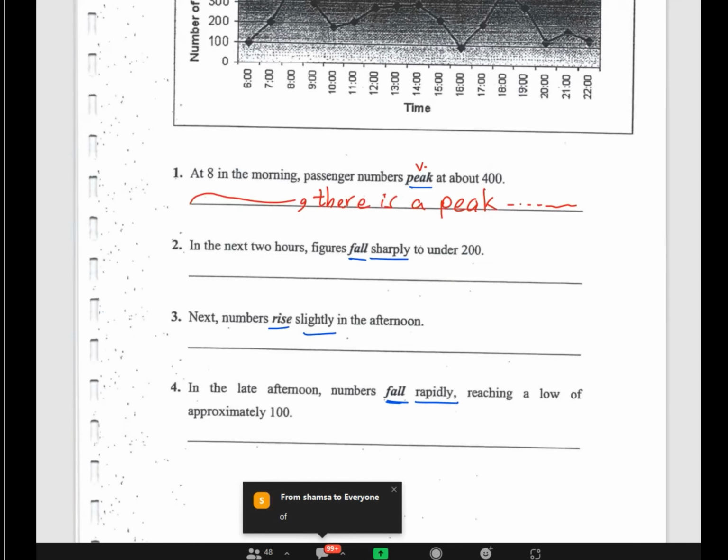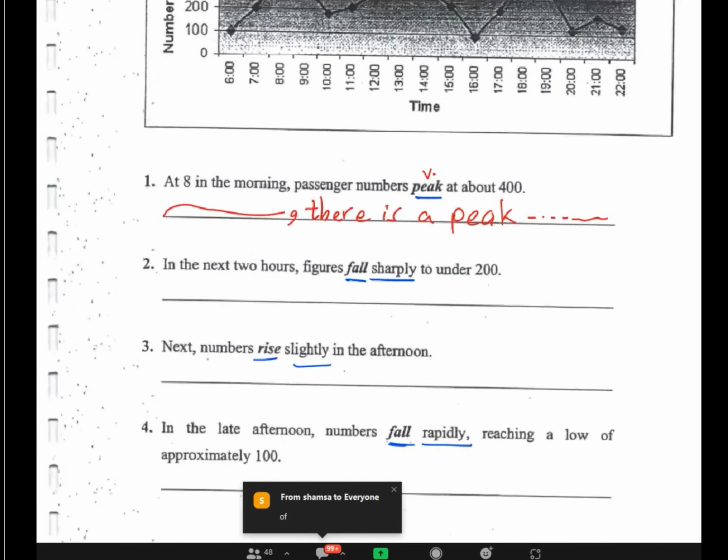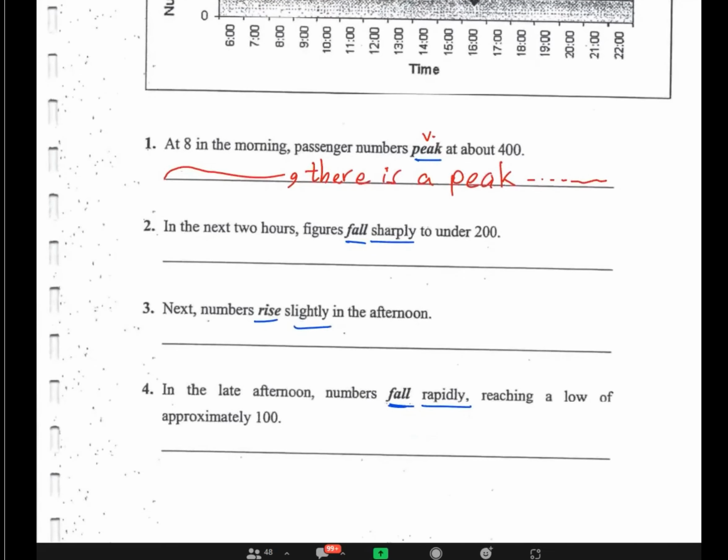Or you can say of the numbers. So from a verb to a noun, because here there is no adjective. That's why you cannot use an adverb. There's only a verb. So if there's only a verb, you need a noun. If there is a verb and adverb, you need an adjective and noun, as we are going to see here.